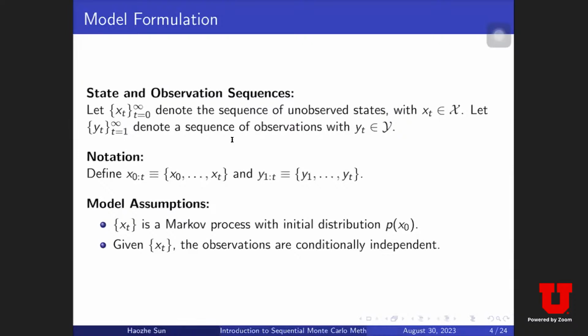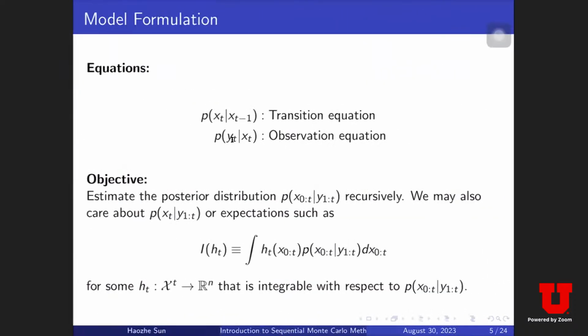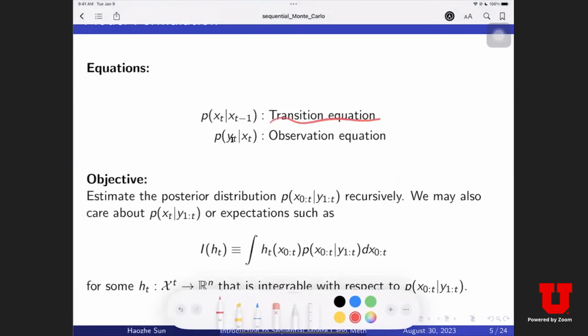And given xt, the observations are conditionally independent. Here we will get two equations: the first equation is the transition equation, and the second equation is the observation equation.